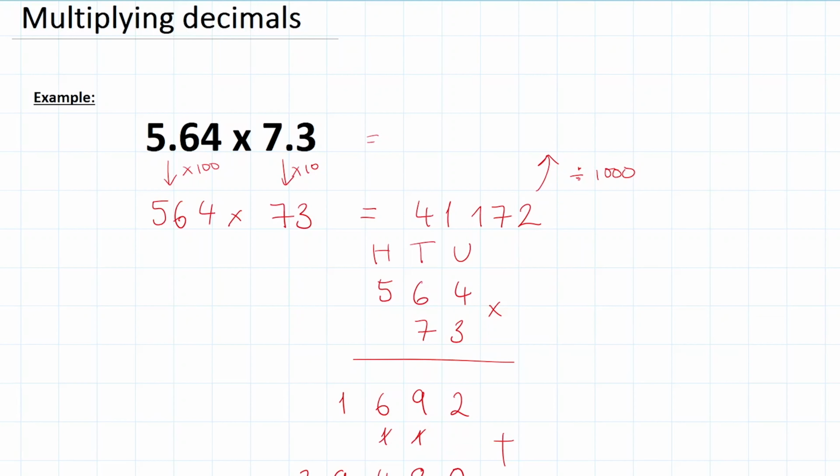So 41,172 divided by 1,000, I just move the decimal point 1, 2, 3 places to the left, so I should have 41.172.